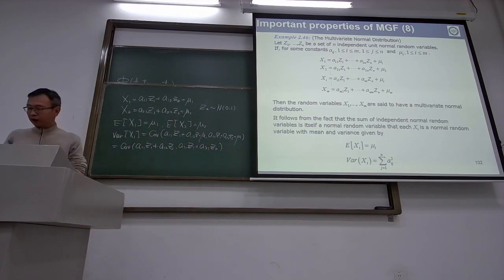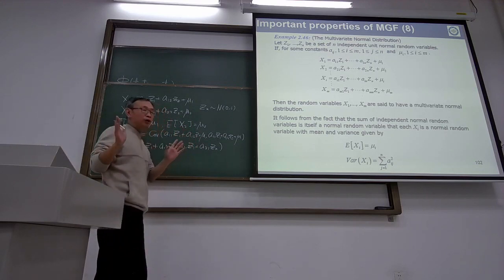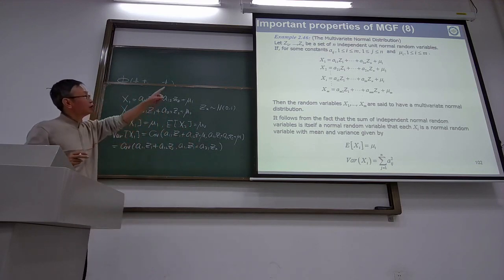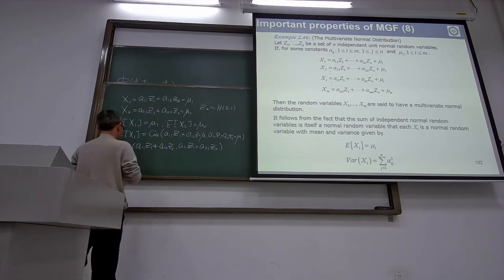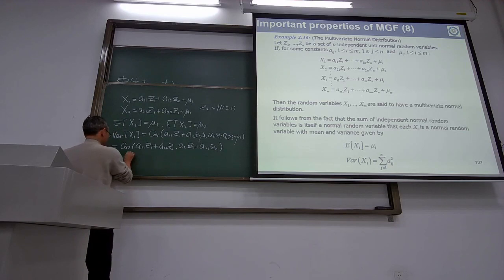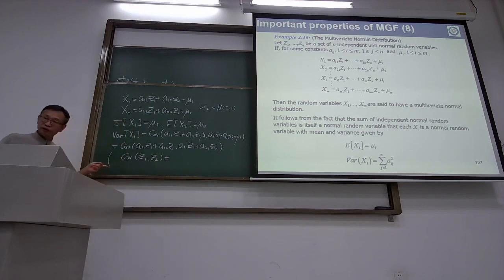Here we use the result that Z1 and Z2 are independent standard normal random variables, that is to say, the covariance of Z1 and Z2 just equals 0.